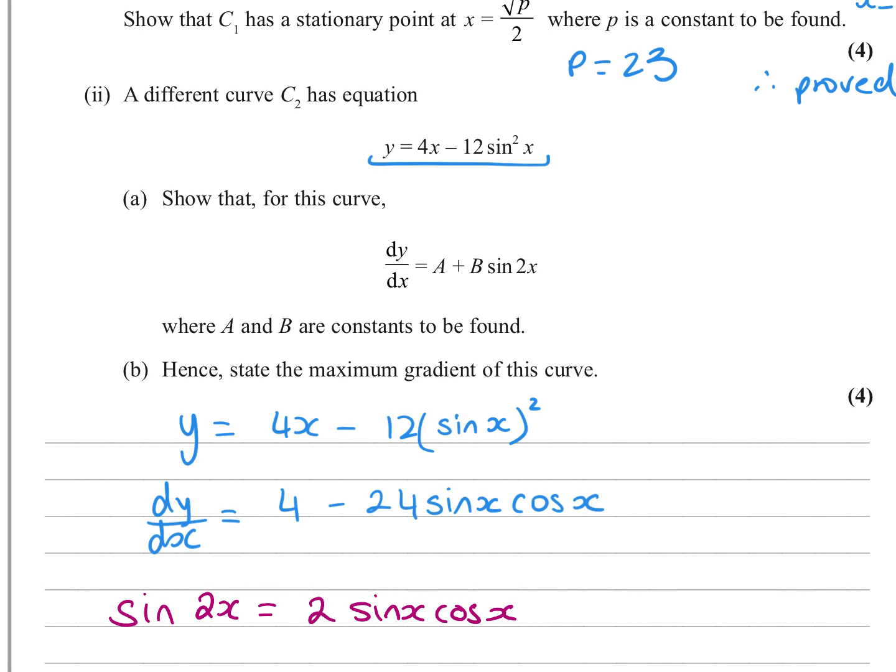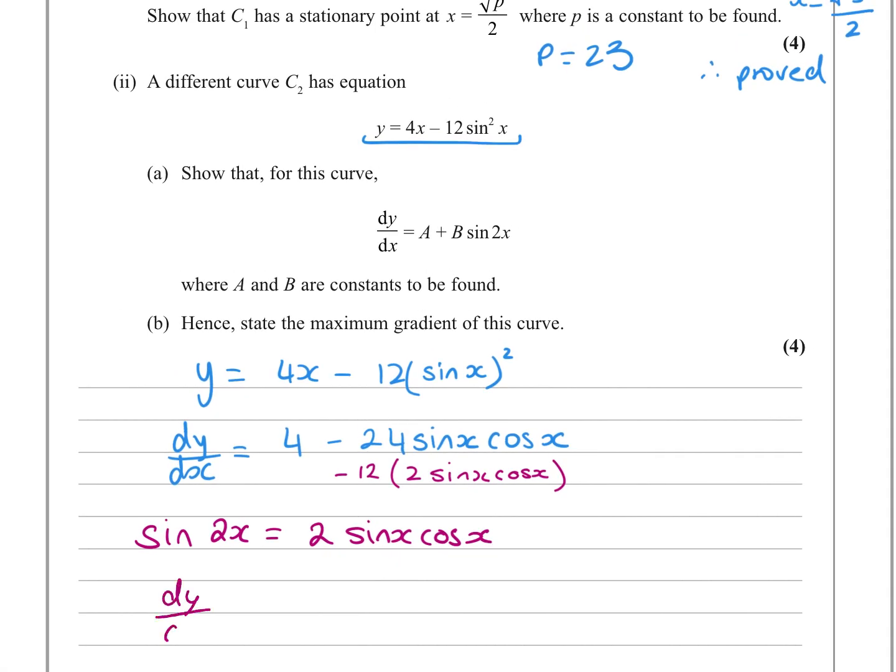Now, we have 24, so this is going to have to be minus 12 lots of 2 sine x cos x. That's going to then be minus 12 lots of sine of 2x. So I get dy by dx equals 4 minus 12 lots of sine of 2x. Now, it says plus here, so b could be negative 12. I'm just checking we did this right. Yeah. Okay, so this is part A. Nice and simple. Part B. Hence state the maximum gradient for this curve.